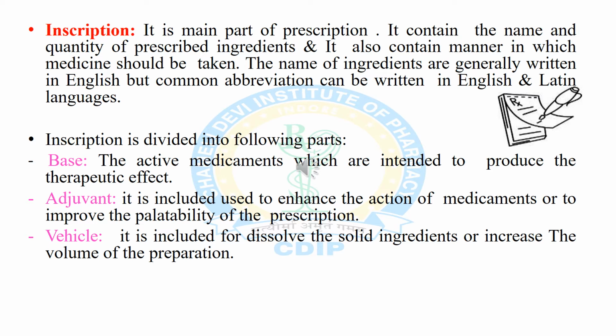So the pharmacist must be familiar with Latin terms. If misinterpretation of an abbreviation occurs, it can lead to serious errors in the prescription. The medicament may be prescribed as an official preparation, a proprietary product, or a non-proprietary product, that is a generic product.